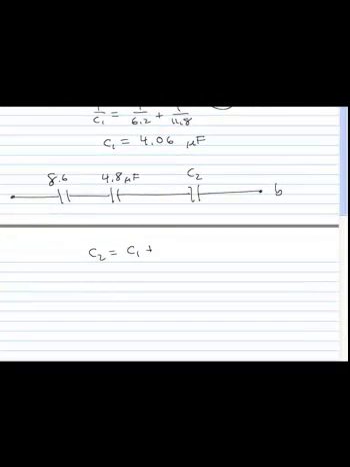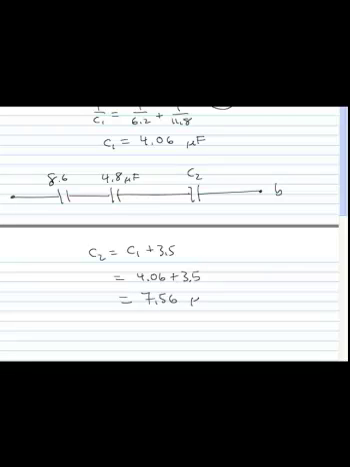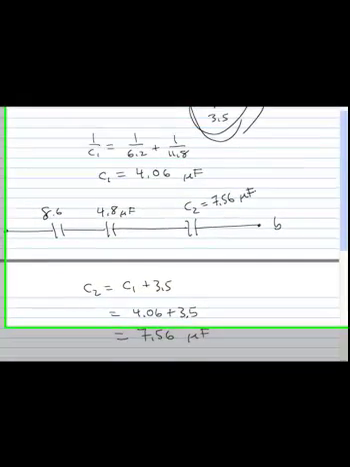We say C2 is C1 plus 3.5, which is 7.56 microfarads.